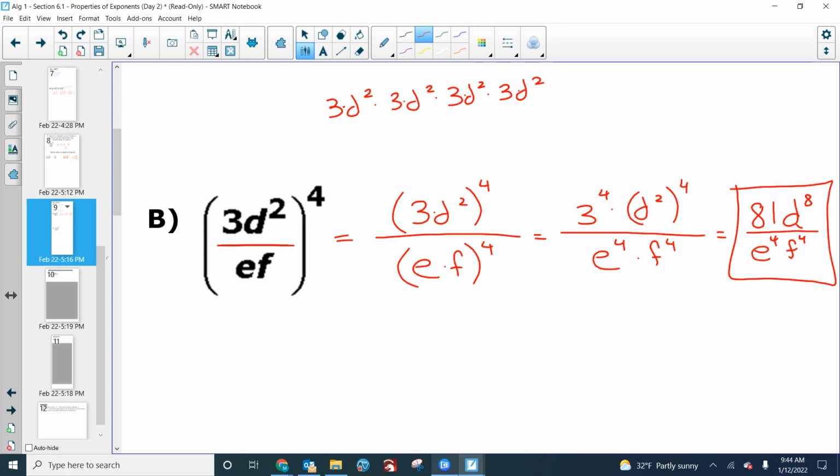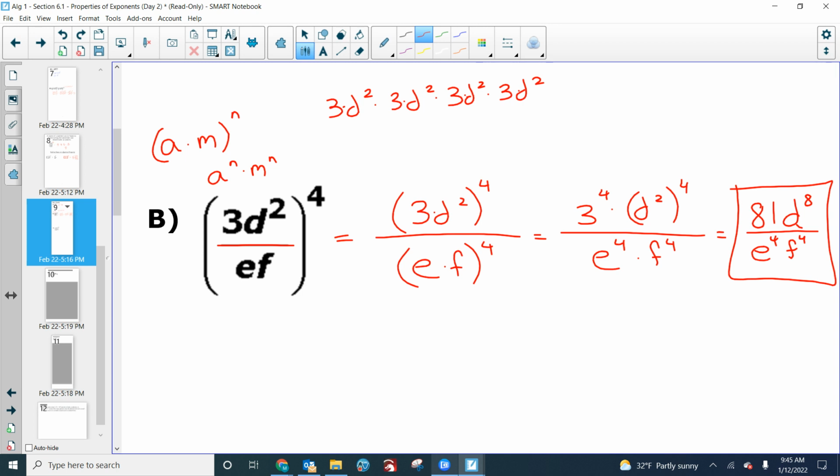Okay, but the rule we learned was a times m, to the n, is what? A to the n times m to the n. So if this thing's anything other than 1, you're going to have to raise both terms to that power, even if it's a number. 3 to the 4th, 81.